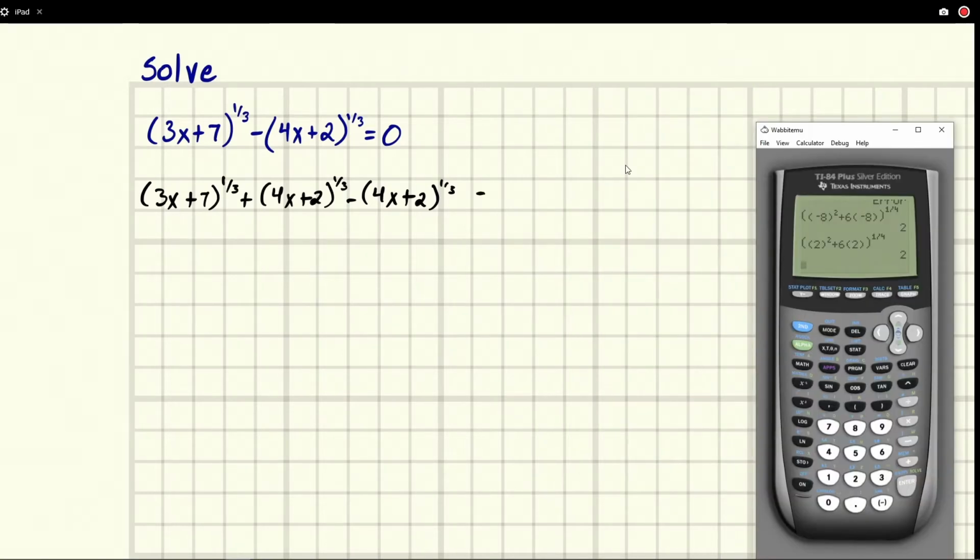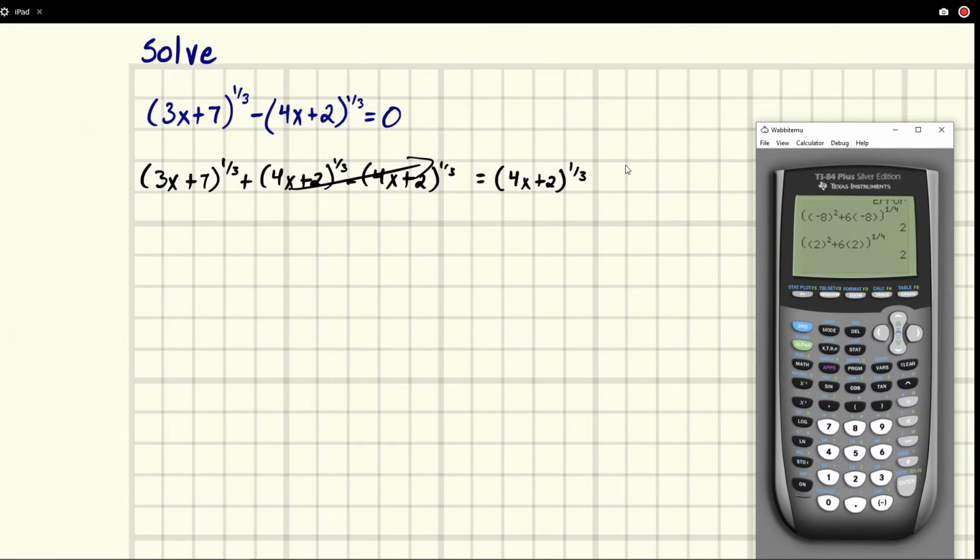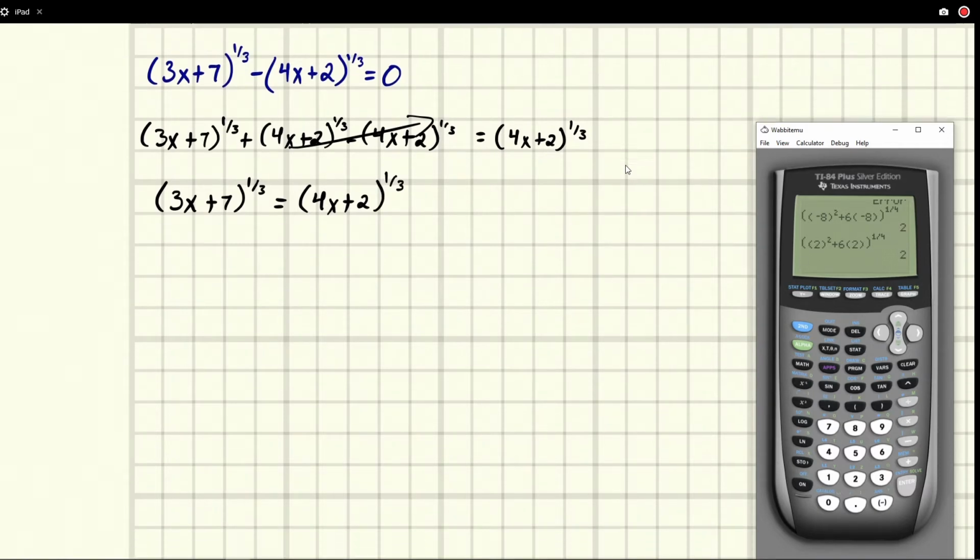And this is equal to, if we do it to one side, we have to do it to the other, 4x plus 2 to the 1/3. All right, so these simplify to 0, and we are left with the statement 3x plus 7 to the 1/3 is equal to 4x plus 2 raised to the 1/3.